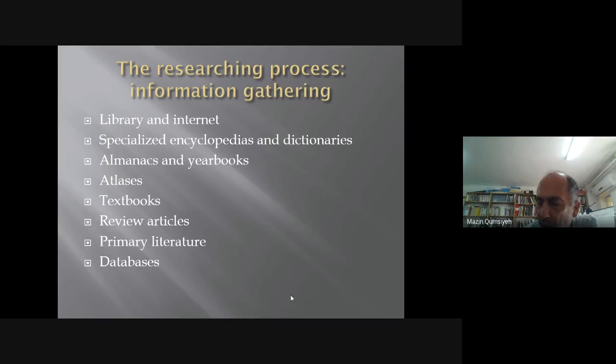It's a journal article, it has original data, so it's primary literature. A review article or a book is secondary literature. Textbooks are secondary articles, atlases are secondary literature, not primary literature.